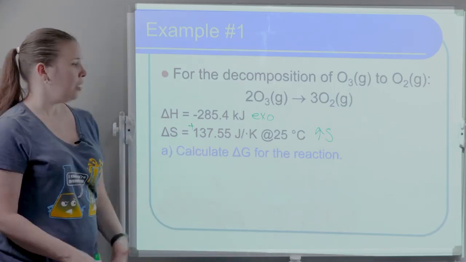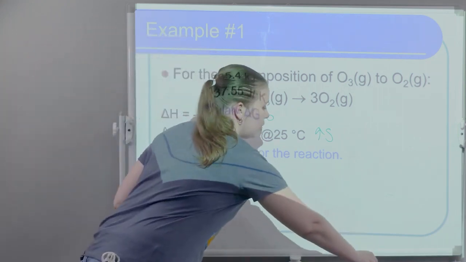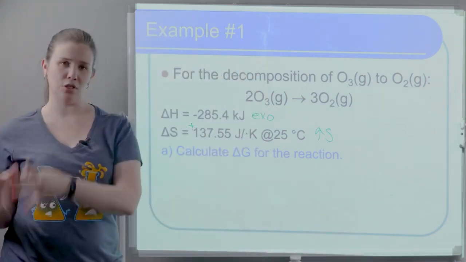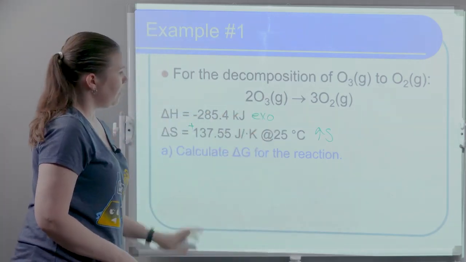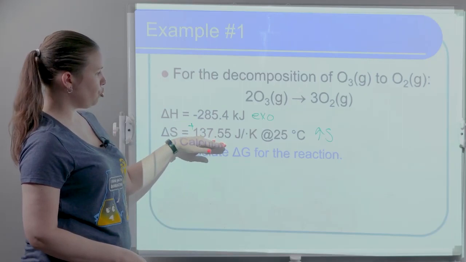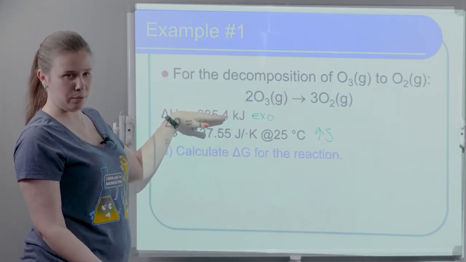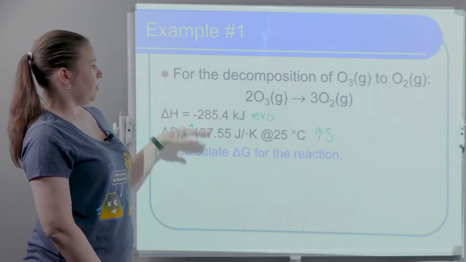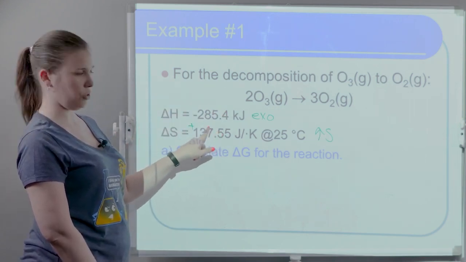Let's actually practice using the formula though, using that delta G equals the change in enthalpy minus the temperature times the delta S. The catch is we have joules in one component and kilojoules in another component. Delta G is typically measured in kilojoules, so I'm going to convert my joules to kilojoules first.